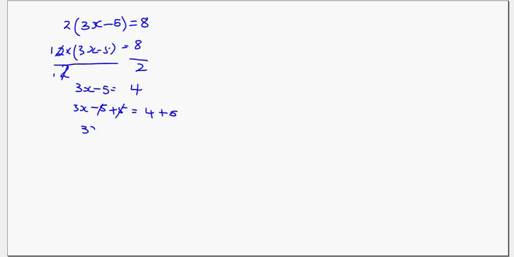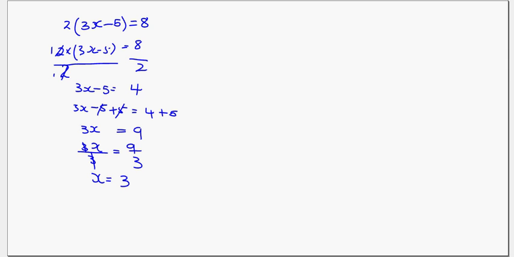So you get 3x is equal to 9. Therefore 3x over 3 is equal to 9 over 3. Divide by 3 on both sides. These will cancel, so we'll get x is equal to 3. Any questions? Good so far?